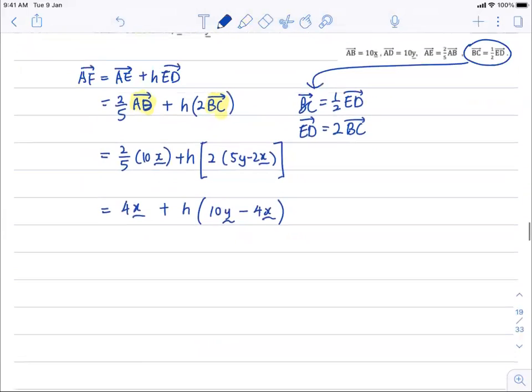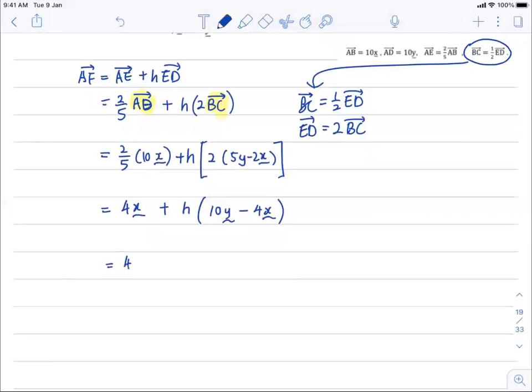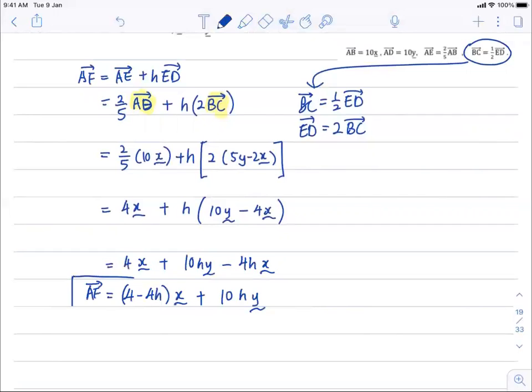And simplify it further, become 4x plus 10hy minus 4hx. Become 4 minus 4h bracket x plus 10hy. This is AF in terms of h, x, and y. Is the answer.